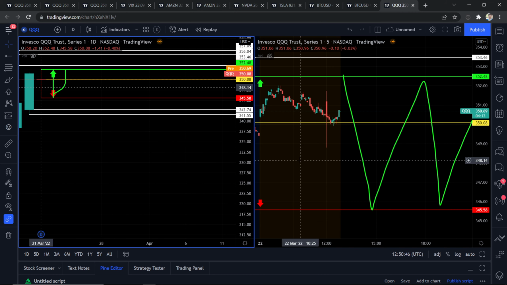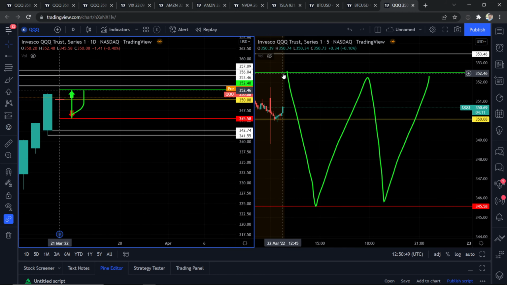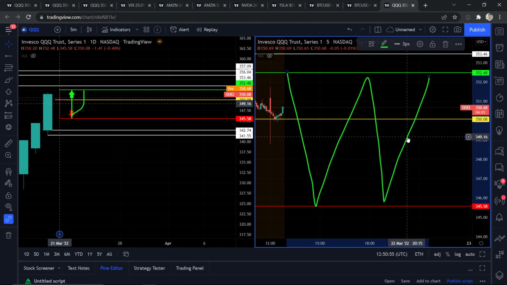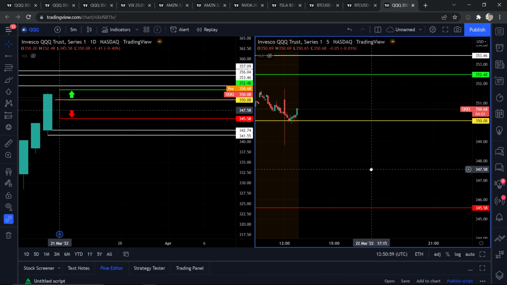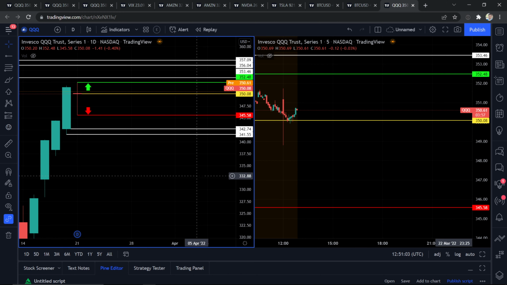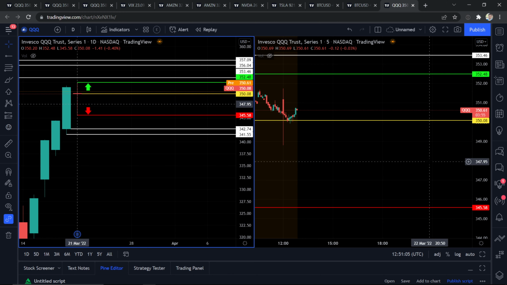And yes, you can trade the range from the high to the low and back up again. You could do that. But you're not going to have as high of a conviction of a setup. So that's it. Those are the tips for trading the open.